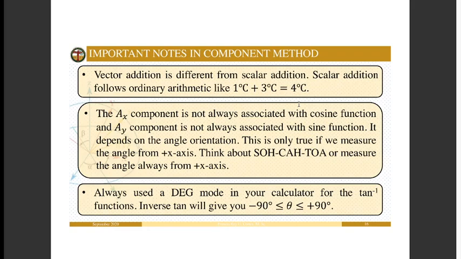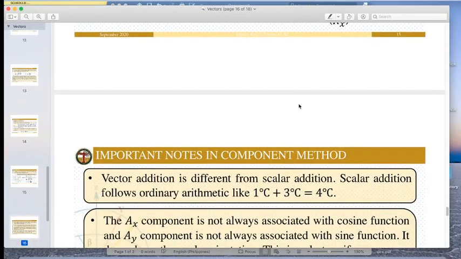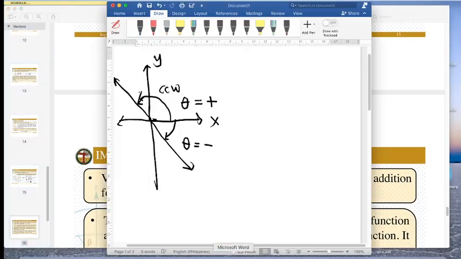That is why it is very important to take note of that, and why you have to draw the vectors first. I will give you an example so you won't be confused.